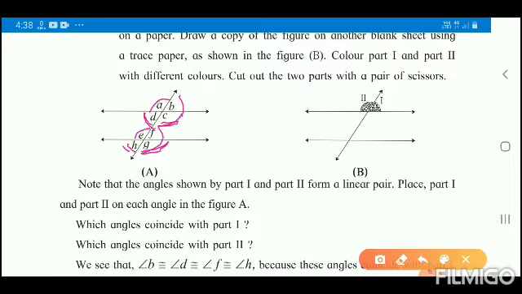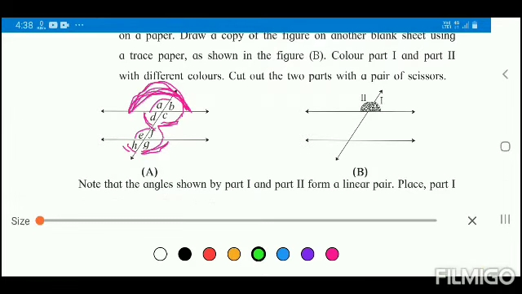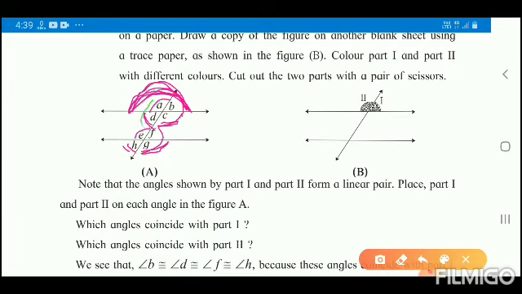When you see angles A and B, they make a half circle. Then angles A and D. First, which angles have we seen?